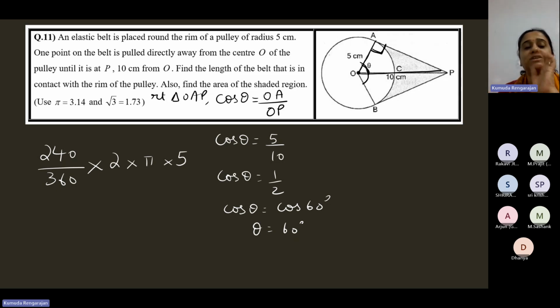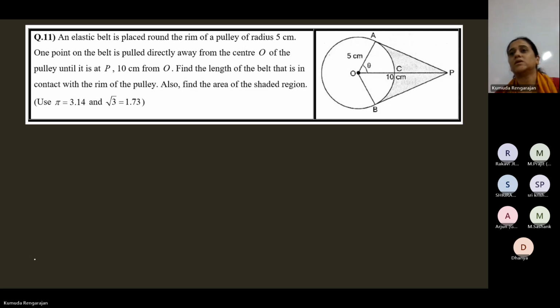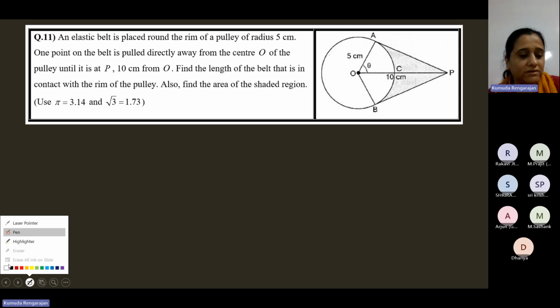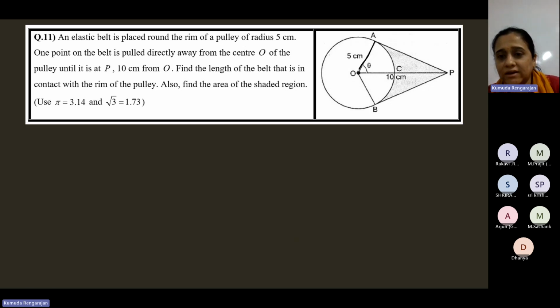Next, find the area of the shaded region. To find the area of the shaded region, you can find the area of this triangle, subtract the area of this sector. This one is a right triangle.